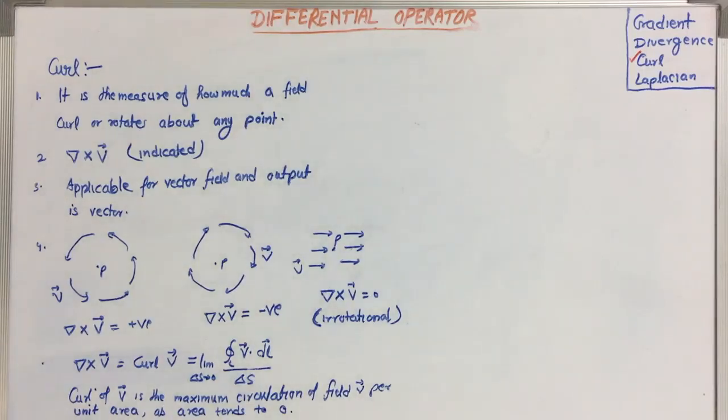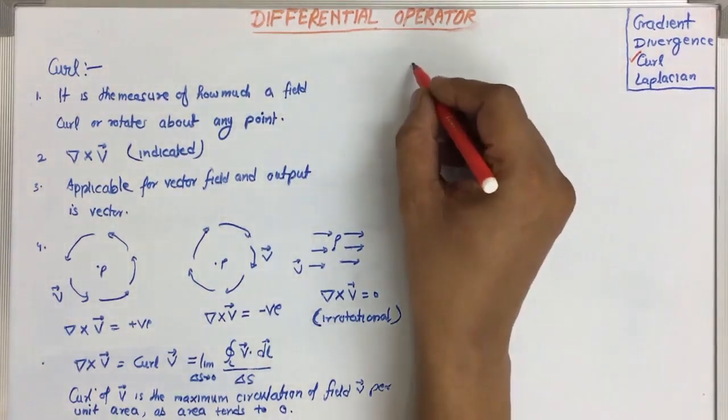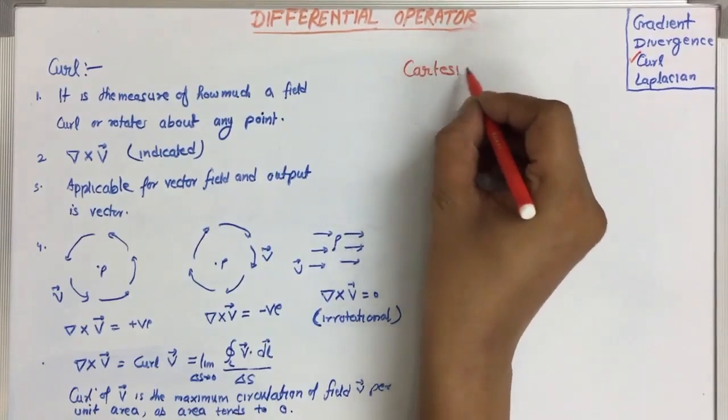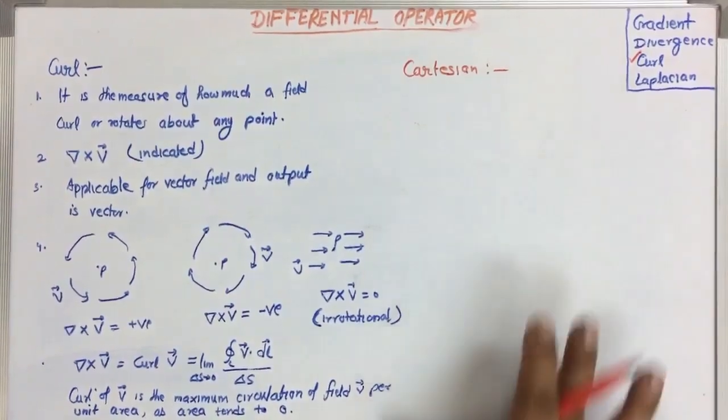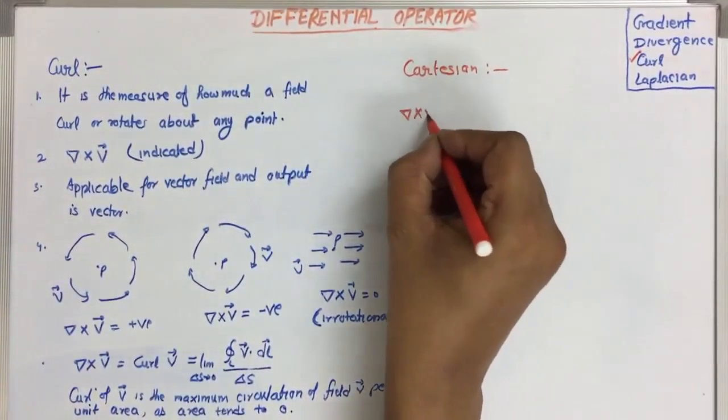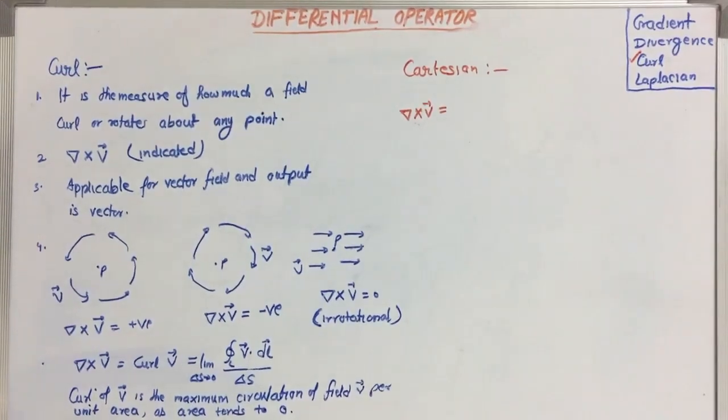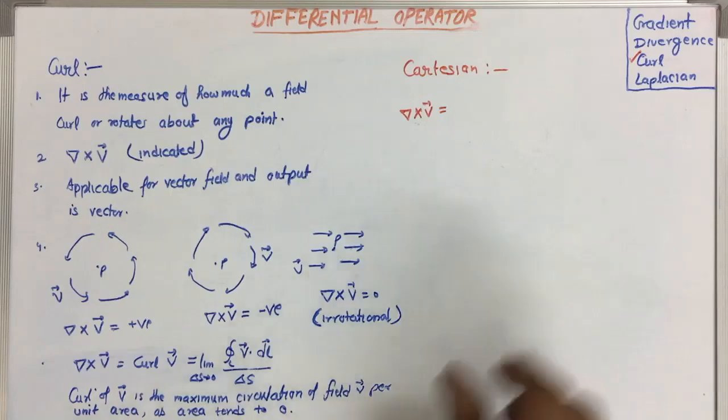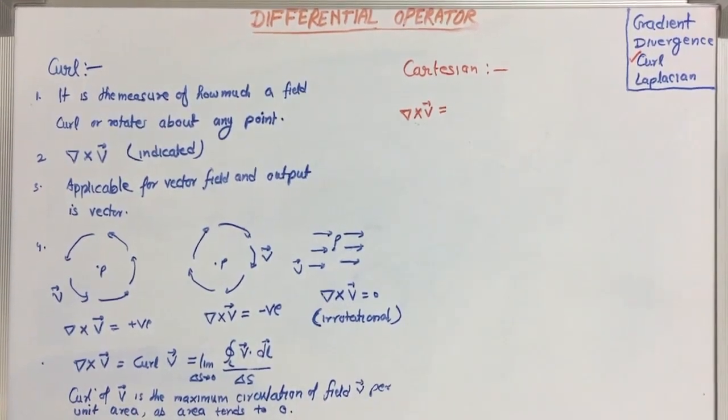Now mathematically, in Cartesian, cylindrical and spherical coordinate systems, we can write it. In the Cartesian coordinate system, the curl of vector field V can be written as follows. As in the case of divergence, where we took the help of the differential length to write the divergence, here also we will take the help of differential length to write the formula for curl.